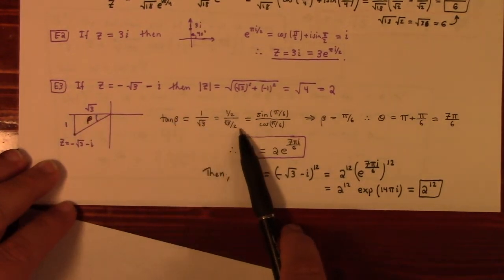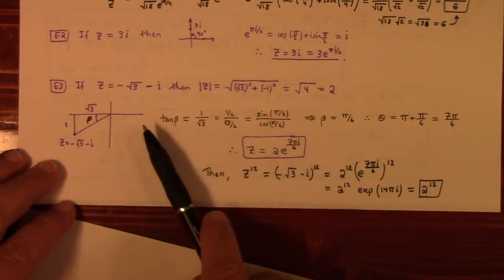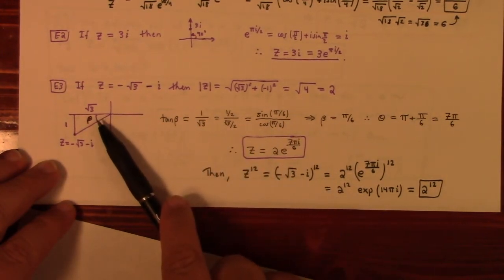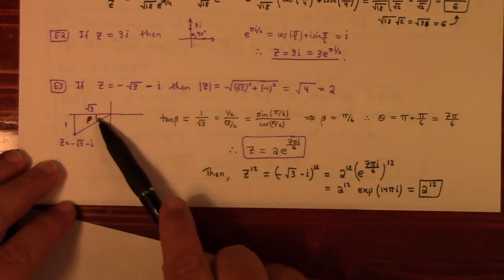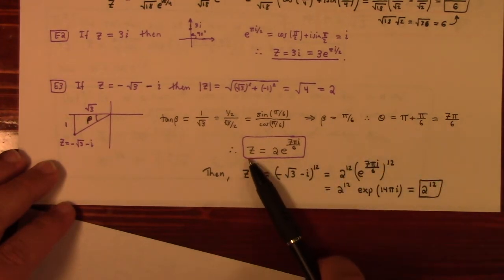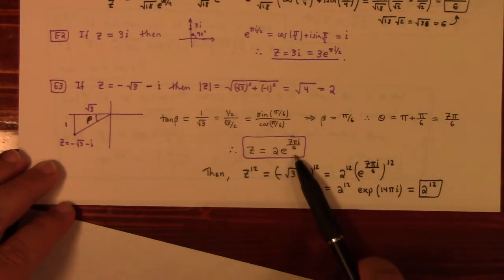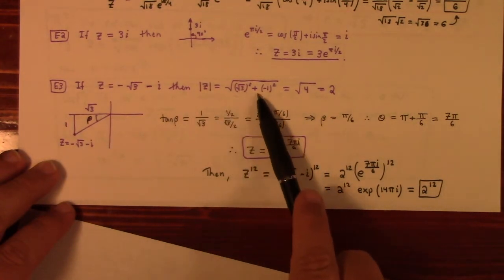And if you think about that for a second, you'll see that that's the tangent of pi over 6, which tells me that this beta, this acute angle, is pi over 6. And then if you look at it, that's like pi plus pi over 6, so the standard angle would be 7 pi over 6. So there's the polar form, 2 e to the 7 pi i over 6. Notice that this 2 is the length of z, which I calculated up here.